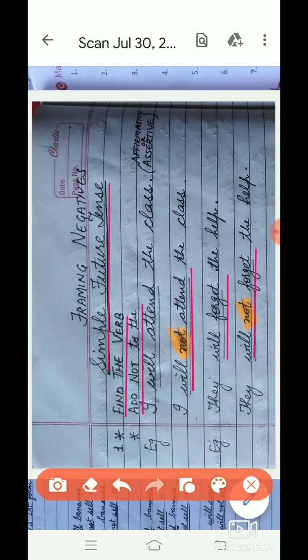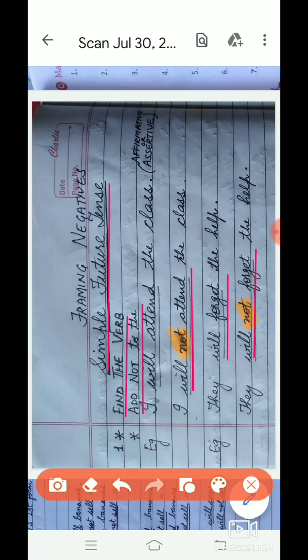Only simple present and simple past are a bit tricky and difficult to understand, but simple future and the rest of the tenses are very easy. However, you need to go step by step in order to learn this topic.